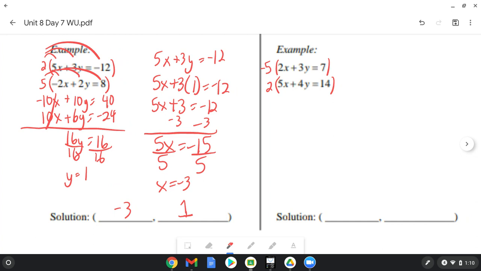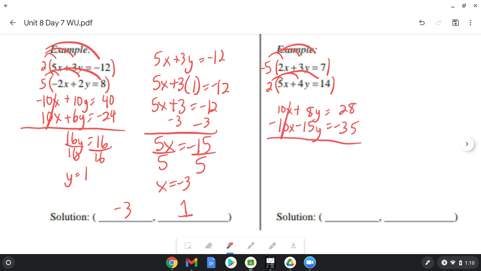So I chose the top. You could choose the bottom. It'll give you the same exact answer. So if we were to multiply this in, we get -10x minus 15y equals -35. In the bottom, if we multiply it all the way through, we get 10x plus 8y is equal to 28.